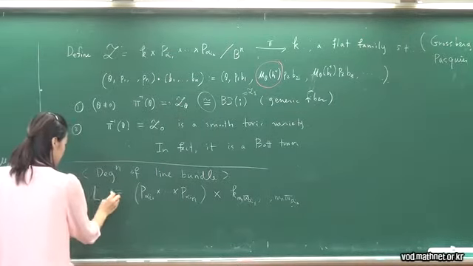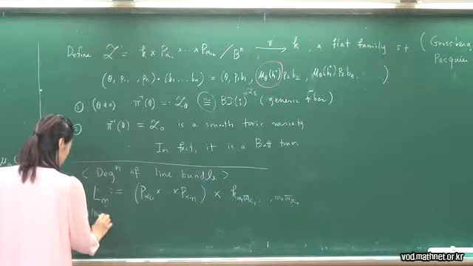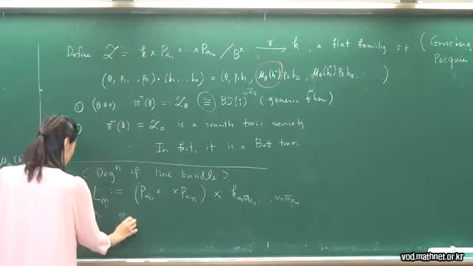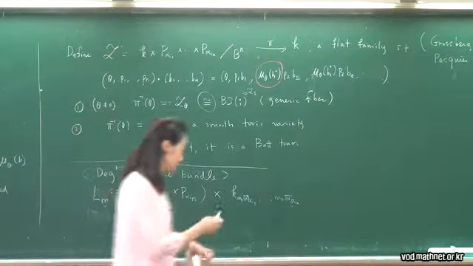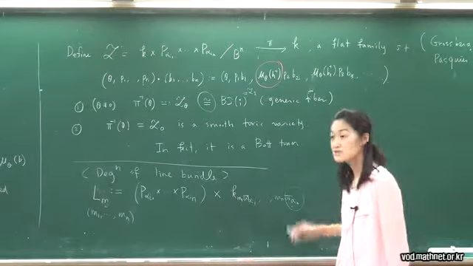I'm defining the notation. So this m is a vector notation that comes with n integers. Please remember the omega_i's are fundamental weights.